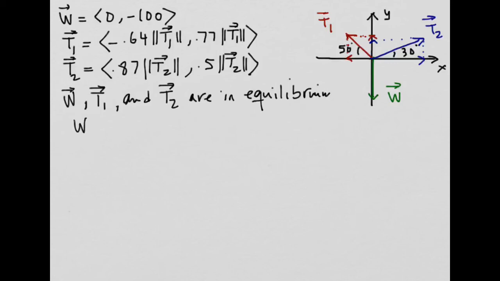This means that the vector W plus the vector T1 plus the vector T2 equals the zero vector.